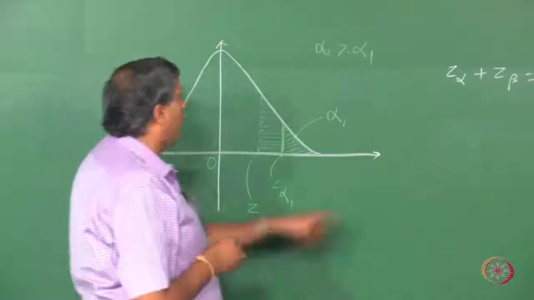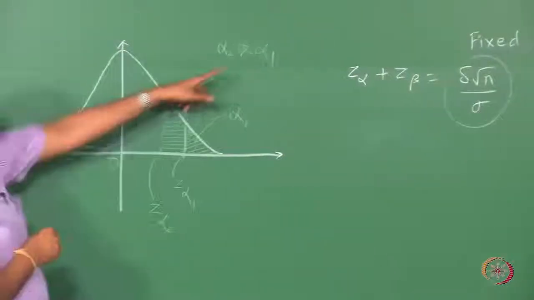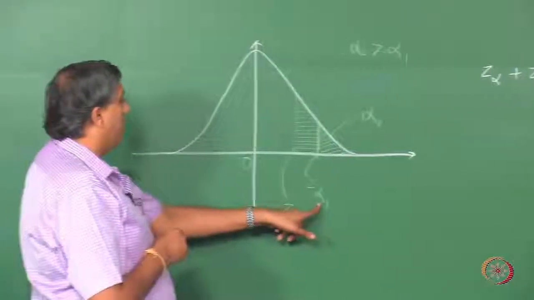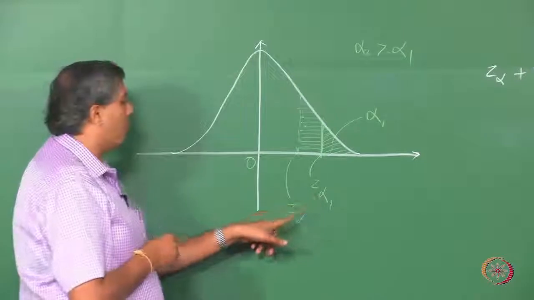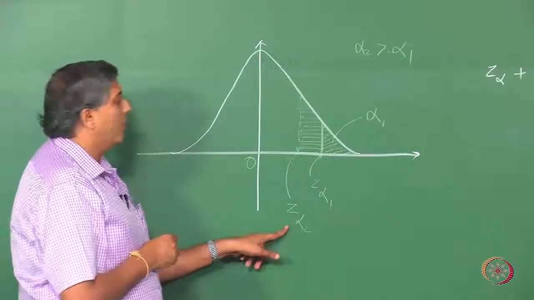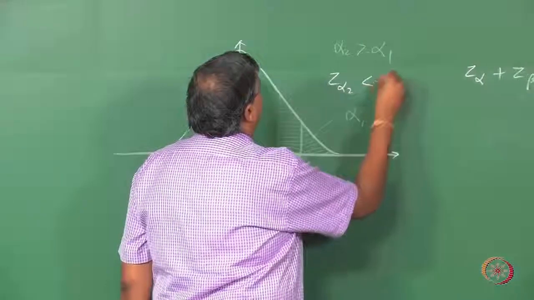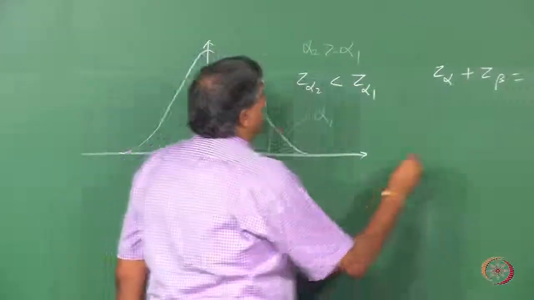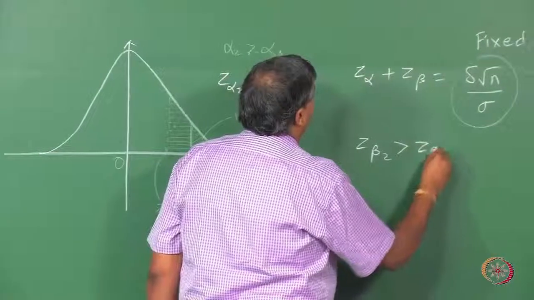So, when I move from alpha 1 to alpha 2, the critical value moves from Z alpha 1 to Z alpha 2, and since Z alpha 2 is less than Z alpha 1, Z beta 2 is greater than Z beta 1.